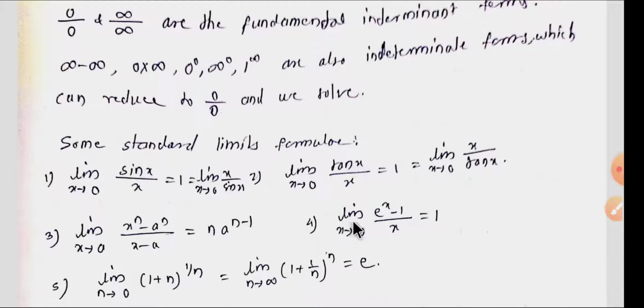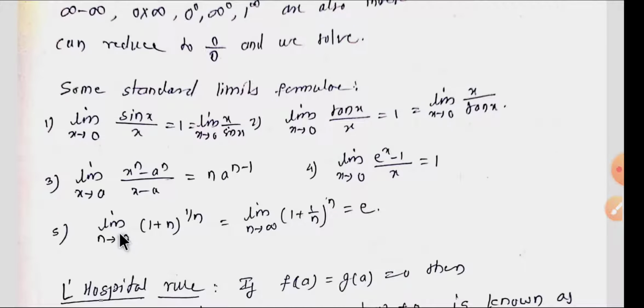One more formula is limit of x tends to 0 e raised to x minus 1 by x equals 1. And limit of n tends to infinity (1 plus 1 by n) raised to n equals e. These are some standard results we have to use while solving the examples.